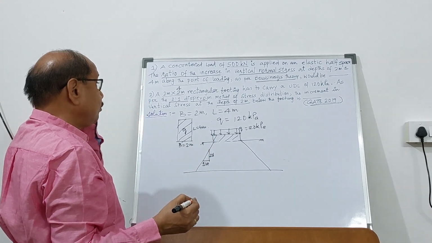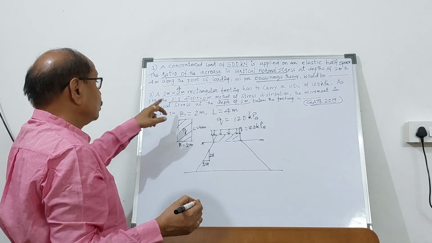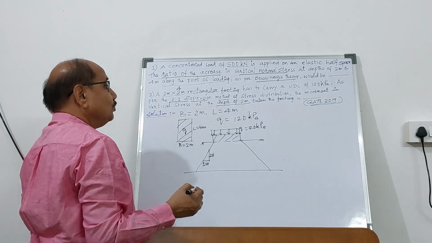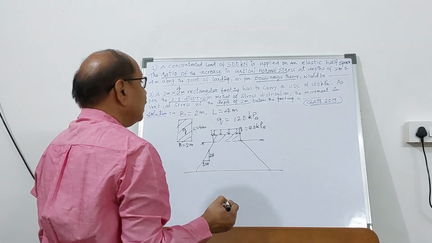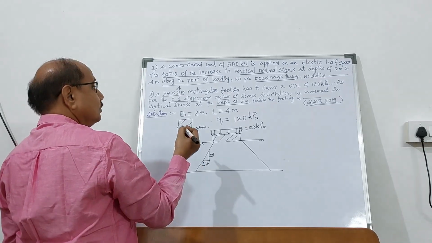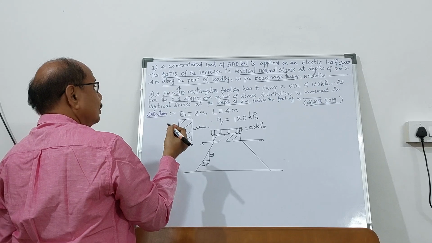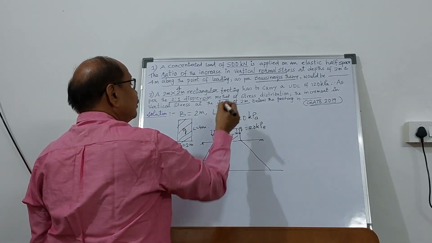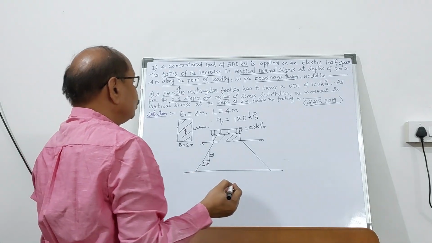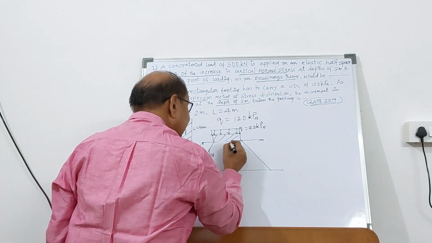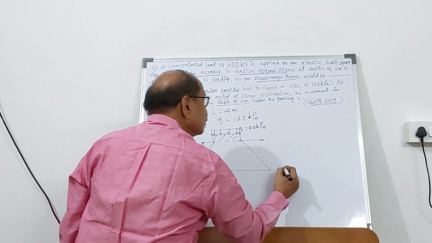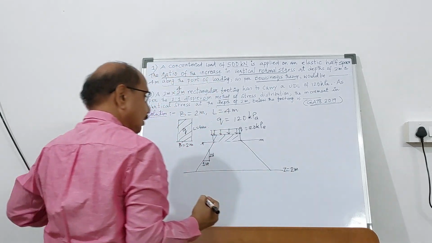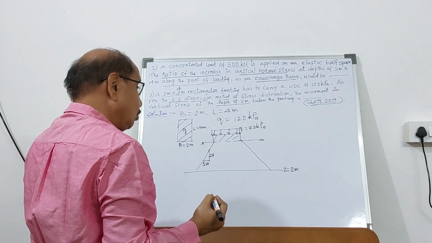This is the dispersion of load. So 2:1 dispersion method of a stress distribution. We need to find out the magnitude or the increment in the vertical stress at a depth of 2 meter. So at Z equal to 2 meter, so this is Z equal to 2 meter. How will you find it out?